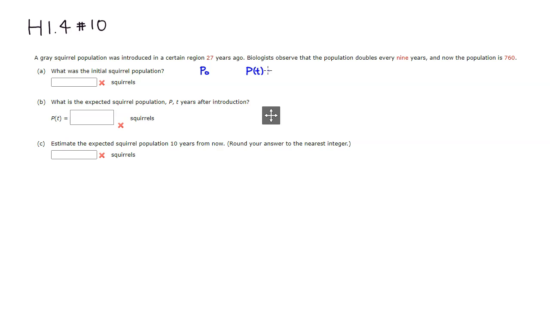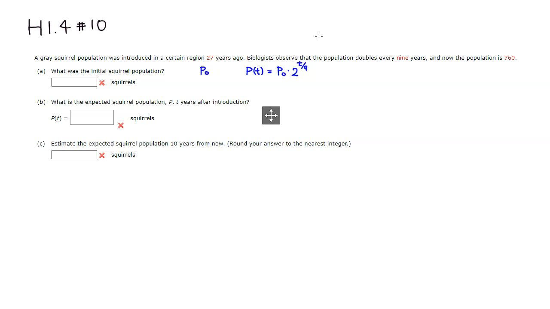This is going to be an exponential model, so it's going to be P0 times 2 to the t divided by 9, since every 9 years it doubles. So this would be the function.